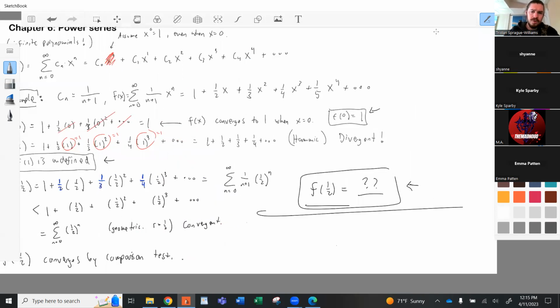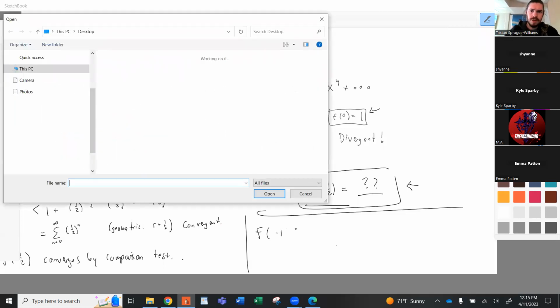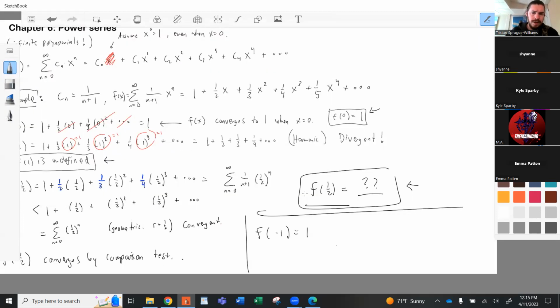If you do f of -1, what you get is 1 plus 1/2 times -1 plus 1/3 times -1 squared plus 1/4 times -1 cubed plus ... Do you recognize that one? 1 minus 1/2, then square -1 and you get back to +1 plus 1/3, and then cube it and you get back to negative.